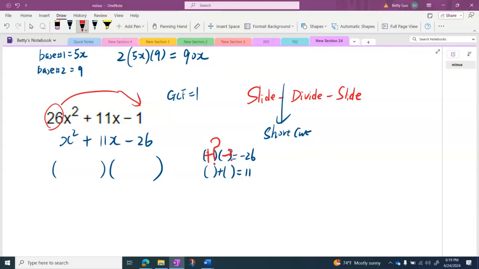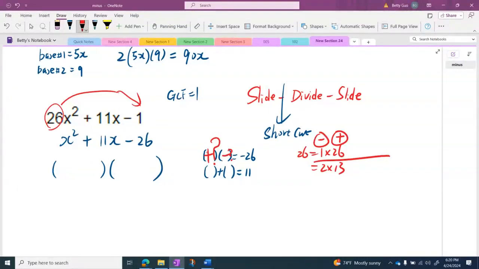So let's factor 26. 1 times 26, 2 times 13, 3 doesn't work, 4 doesn't work, 5 doesn't work, 6 doesn't work, 7 doesn't work, 8 doesn't work, 9 no, 10 no, 11 no, 12 no. So only 2 ways to factor it. And the positive number has the bigger absolute value. So I put a positive sign on top of the second column and a negative sign here.